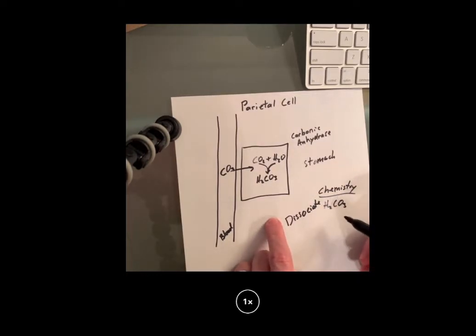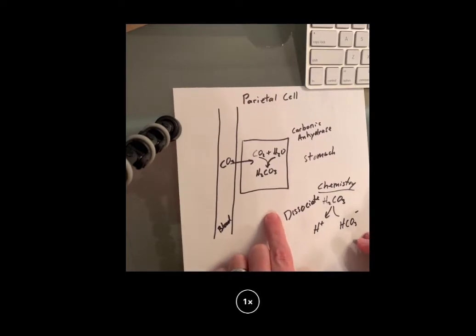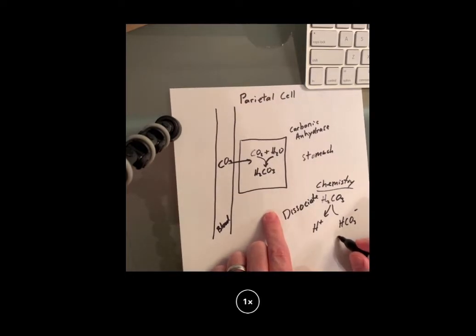And what that means is it simply breaks apart. And we're going to break this into H plus and HCO3 negative. And HCO3 negative is called bicarbonate.